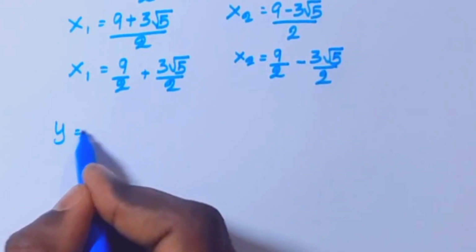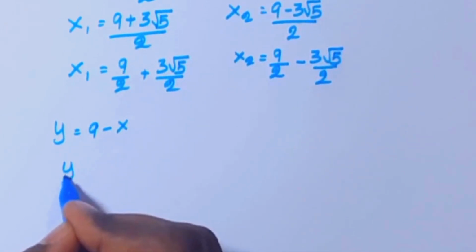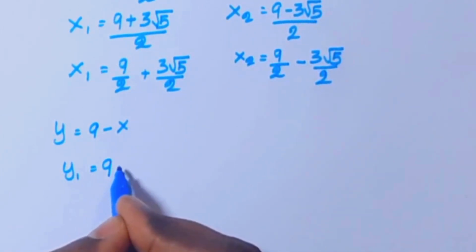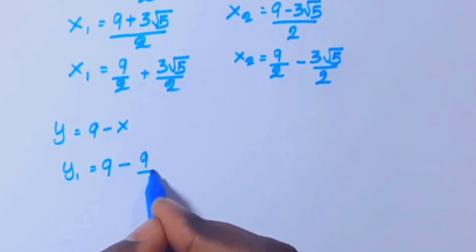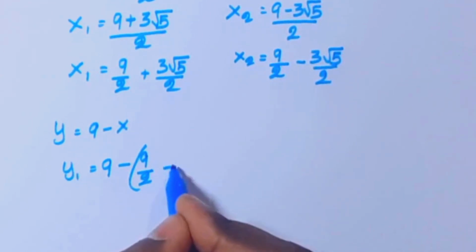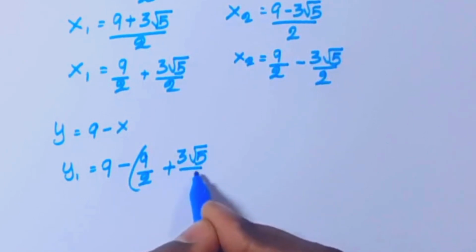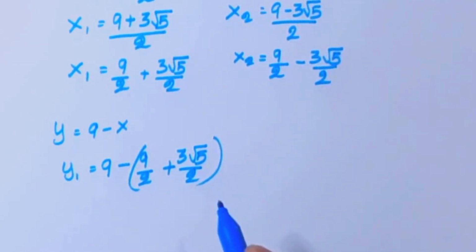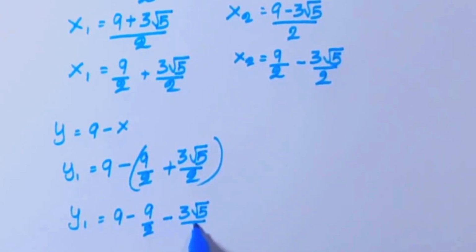y equal to 9 minus x. So y1 equal to 9 minus this x1 we are going to apply here, 9 by 2 plus 3 square root of 5 by 2. Now y1 equal to 9 minus 9 by 2 minus 3 square root of 5 by 2.